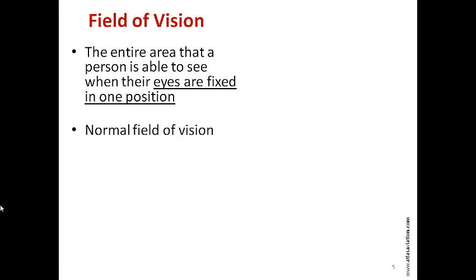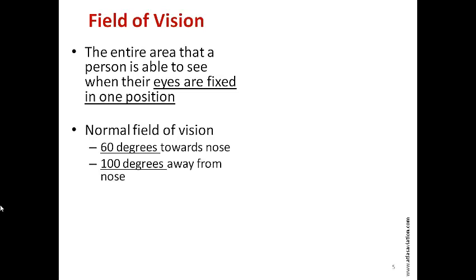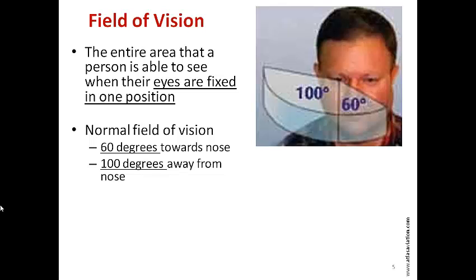The normal field of vision is 60 degrees towards the nose and 100 degrees away from the nose if you are looking down. If you look at this illustration, you can see that the person is looking down towards their nose, so they can see 100 degrees from the side of their eyes, and 60 degrees below towards their nose. So this is their field of vision.